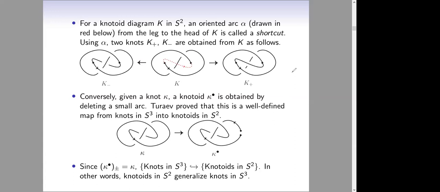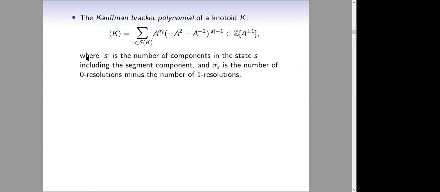Okay, so now for knots, maybe the first knot invariant that people learn is the Jones polynomial with the help of the Kauffman bracket. For a knotoid, the Kauffman bracket polynomial can also be defined, and this is shown in Turaev's paper.